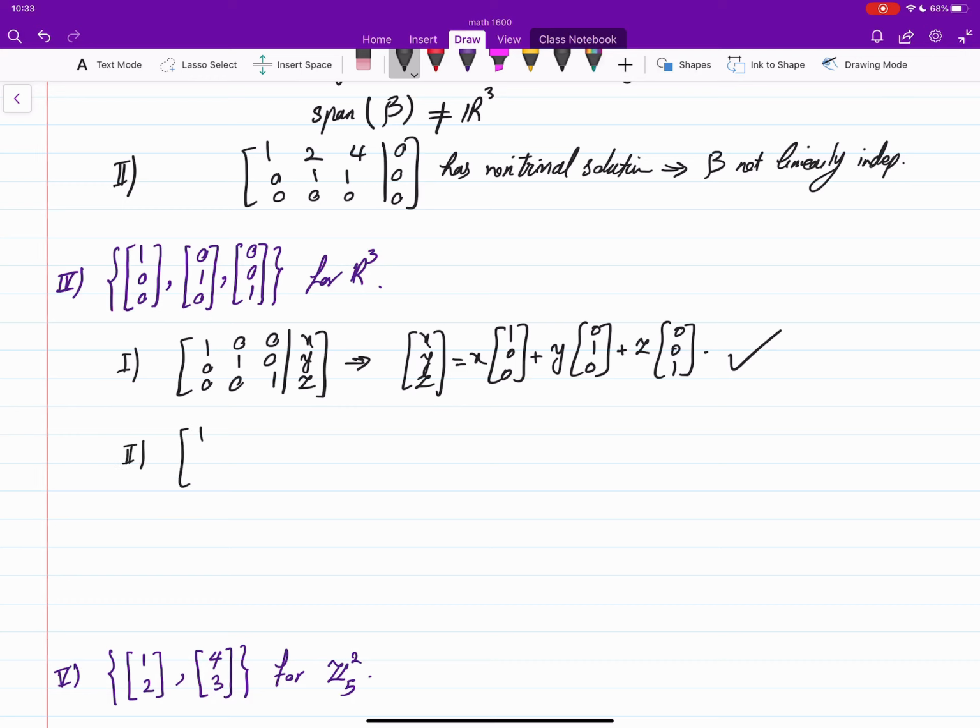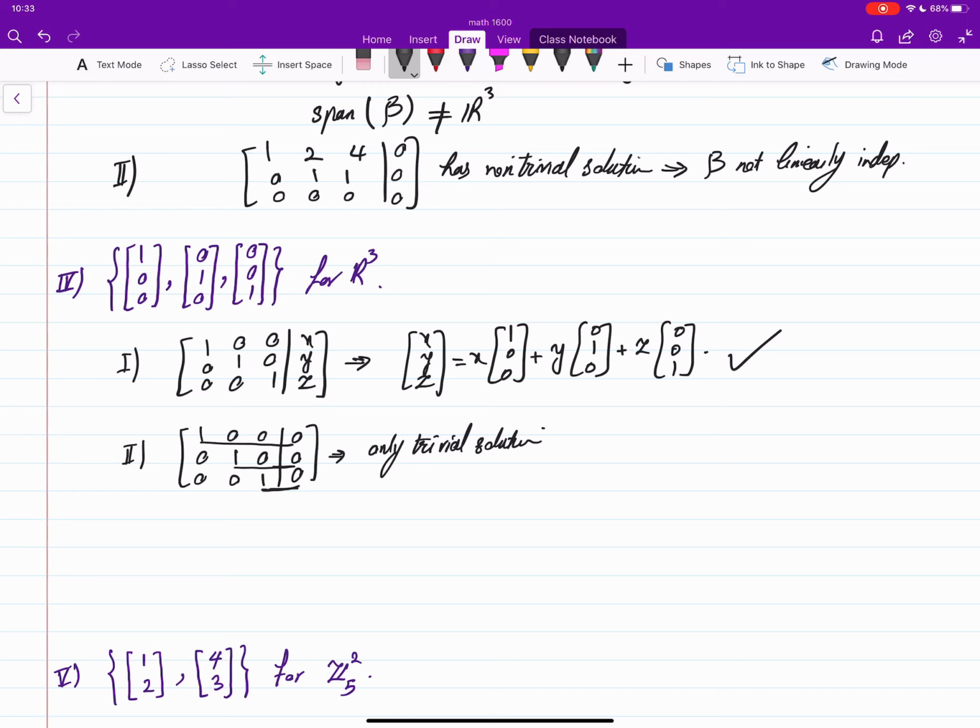So if we have this here, 0, 1, 0, 0, 0, 1, for the homogeneous system, as you can see, this will mean only the trivial solution. Yes, we have only the trivial solution, because this says that the third variable is 0, the second variable is 0, the first variable is 0.